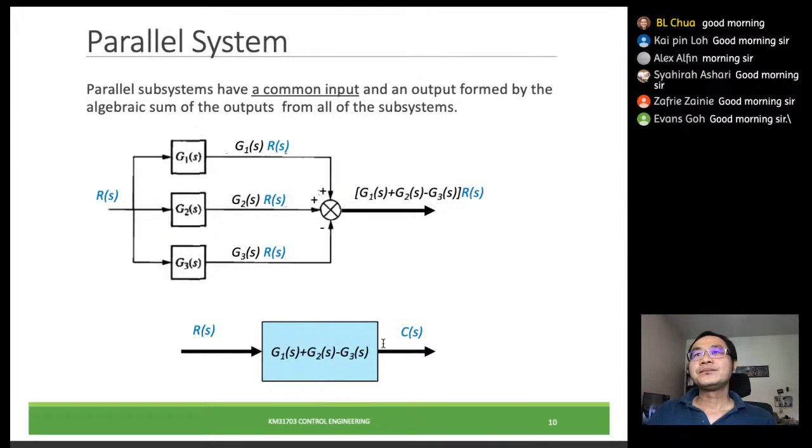So you can see that in series we multiply the transfer functions, whereas in parallel we add or subtract the transfer functions that we have, in order to get the simplified transfer function for multiple parallel subsystems.